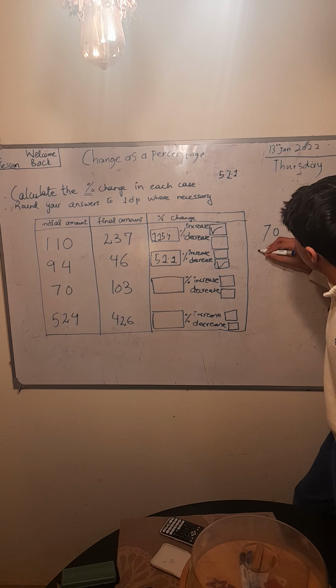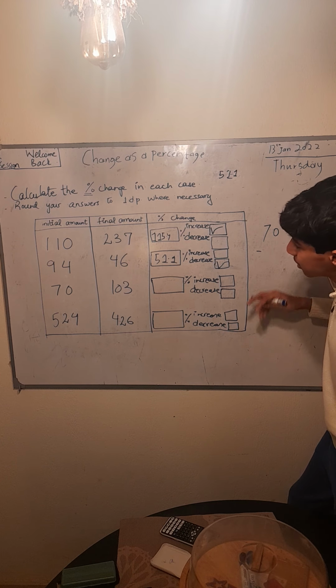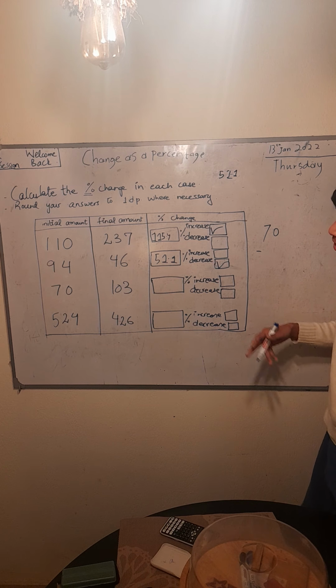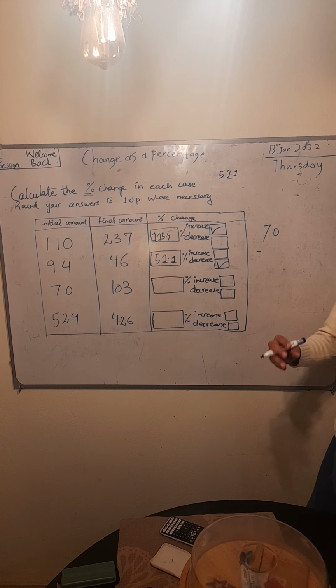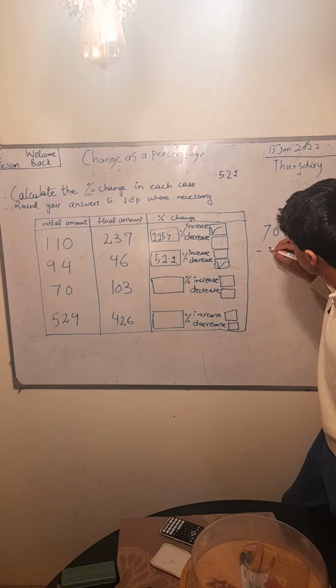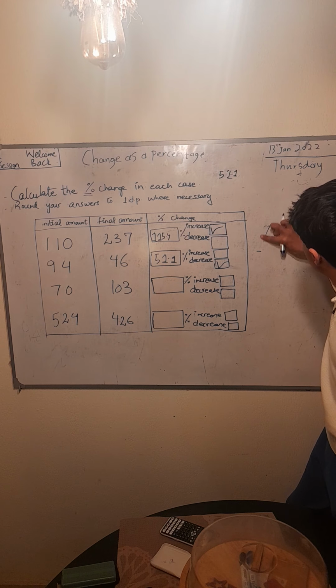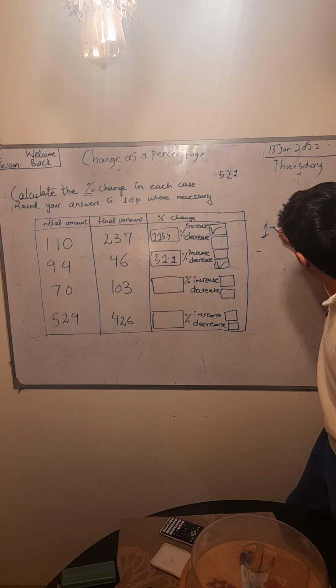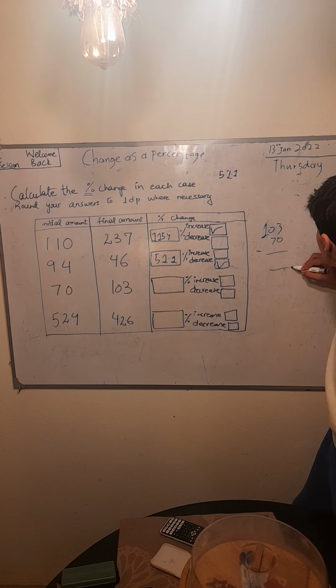I love this topic because it was a little bit fun for me to do. Not 70 first, 103 minus 70. Alright, 3, and 1 borrowed here, 3. So we have 33.